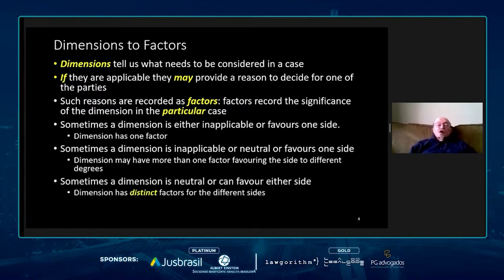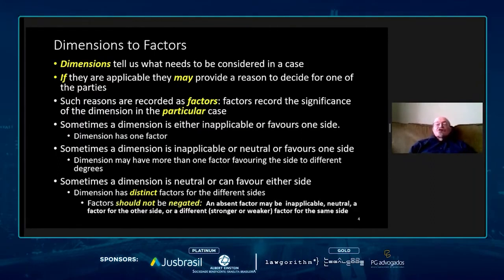And sometimes the dimension may be neutral, or it may favour either side, and this dimension has distinct factors for the different sides. Factors should never be related. An action factor may be inapplicable, it may be neutral, it may be a factor for the other side, or a different, stronger or weaker factor for the same side. It's confusing to bundle these very different things under relation.